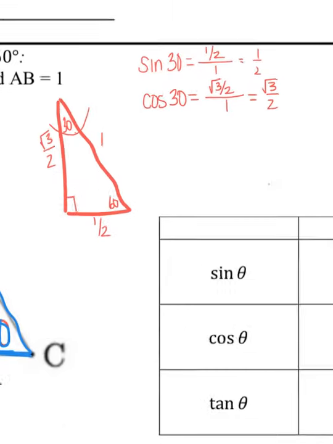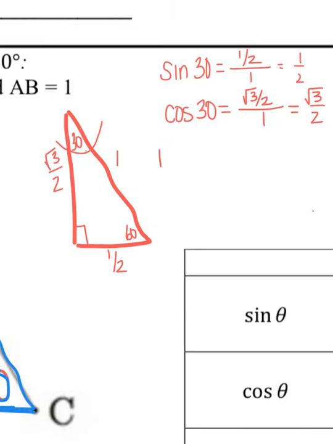Now we're going to do the same thing for tangent. Tangent is opposite over adjacent. So opposite 30 degrees is 1/2 over the adjacent, which is the square root of 3 over 2. So this actually is a little messy. Whenever you are dividing fractions, there's a phrase that we use: keep, change, flip.